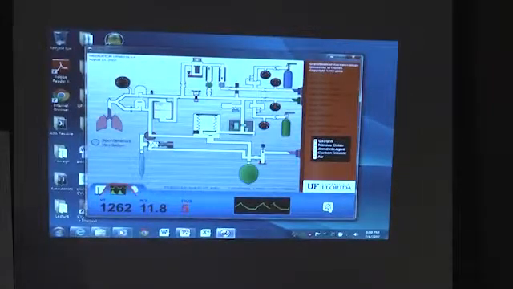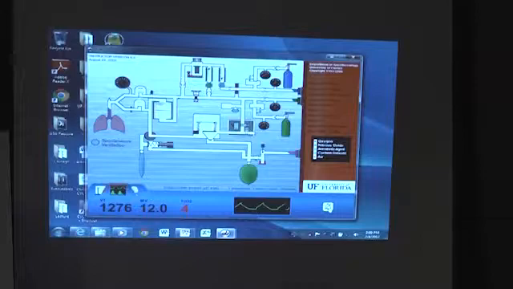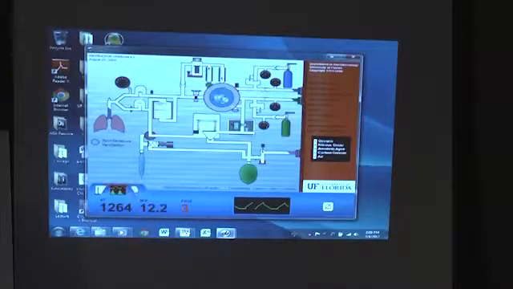FiO2 keeps dropping, right? You asked me to turn up the oxygen. Do you want me to turn down the nitrous just to be on the safe side? Yes. Okay, turn down the nitrous.